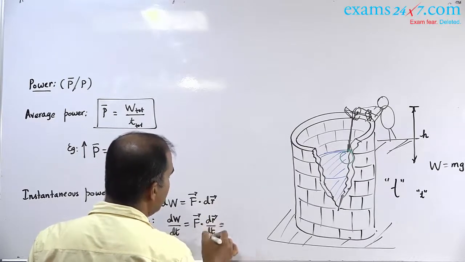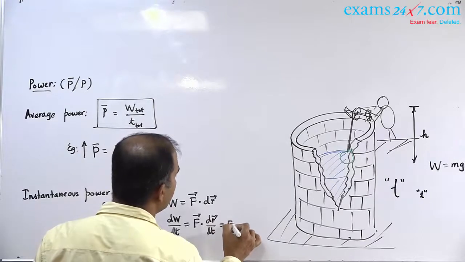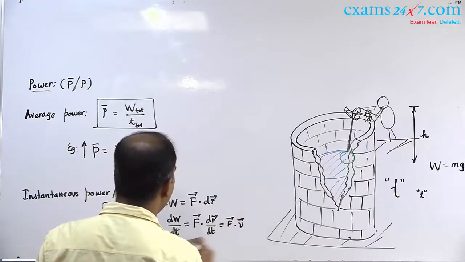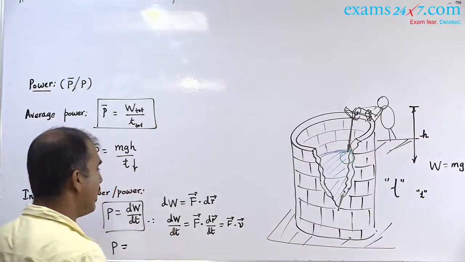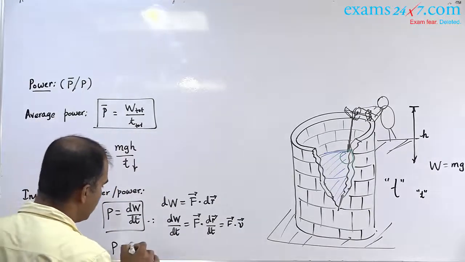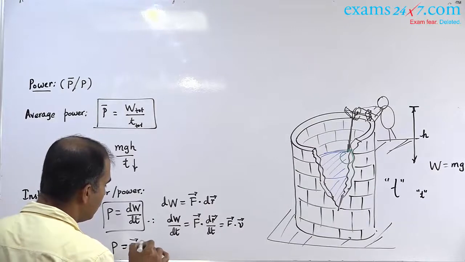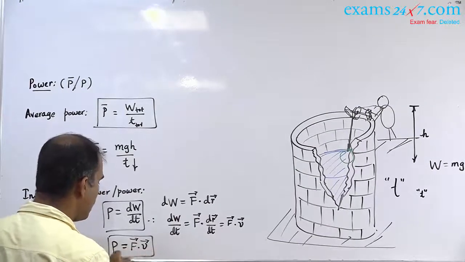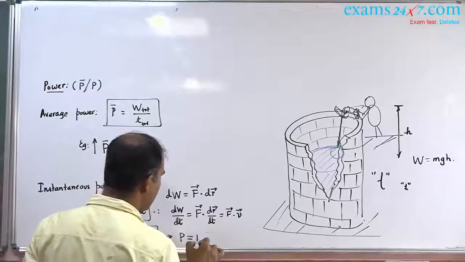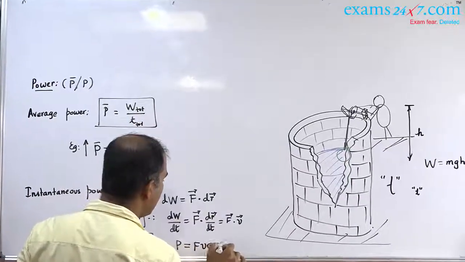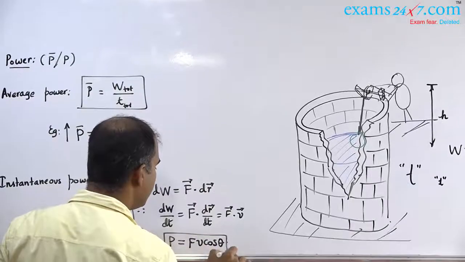dr by dt, the rate of change of position, is the velocity, so F dot v, and therefore we can easily conclude that the instantaneous power is the dot product of the force and the velocity. Going a step further, we can write instantaneous power as F v cos theta.